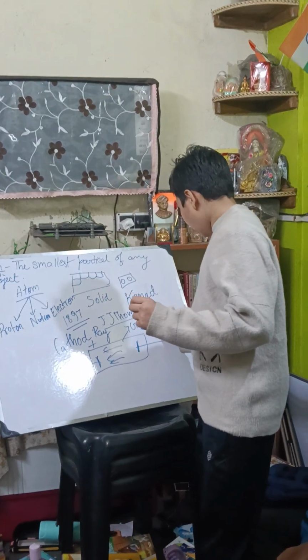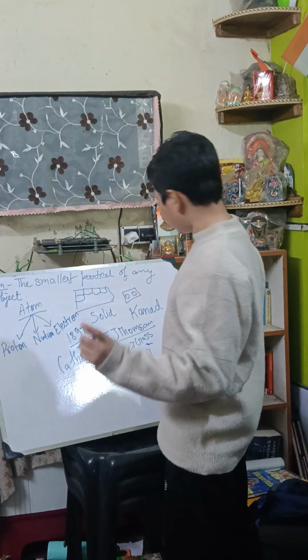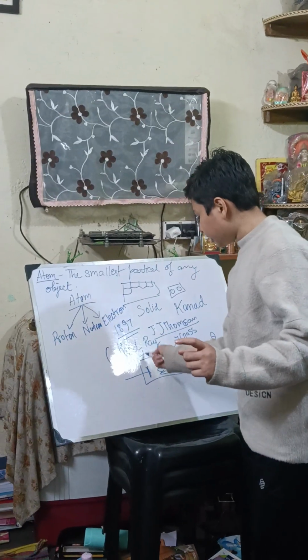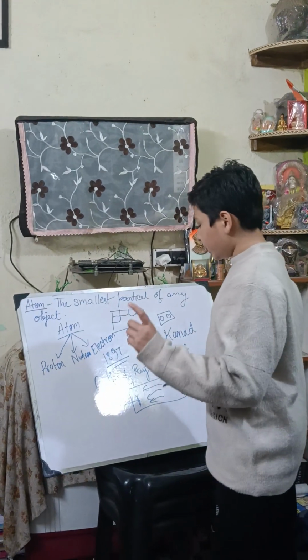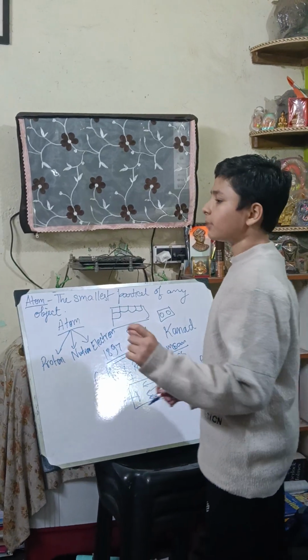So he came to know that the atom is mostly filled with negatively charged particles, which are attracted to the positive pole. He then thought of making some models.